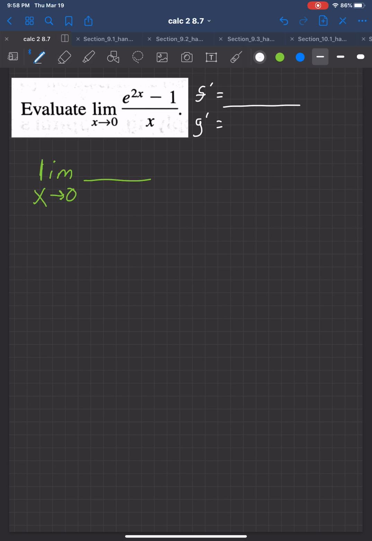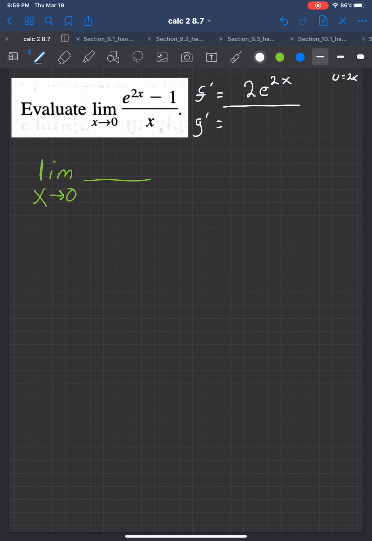So if I take the derivative with respect to x of that numerator, what are we going to get? Well, the derivative of -1 is going to 0 out, and that's just chain rule to take the derivative of e to the 2x. That should give us 2e to the 2x, right? You know that. Just let u equal 2x, f prime of u times u prime.